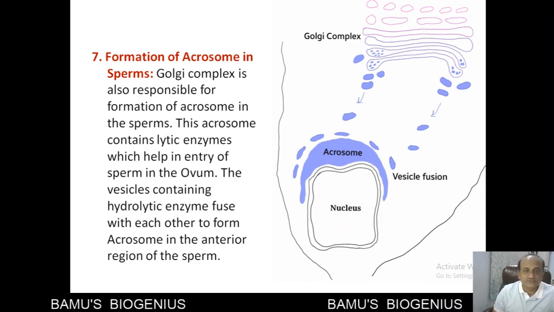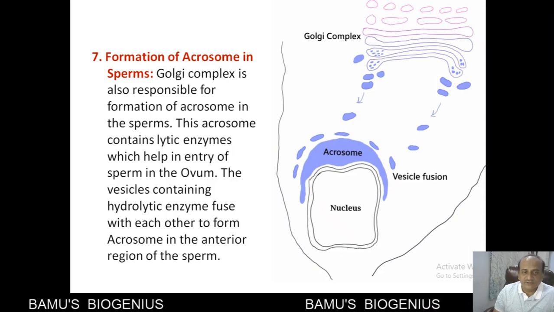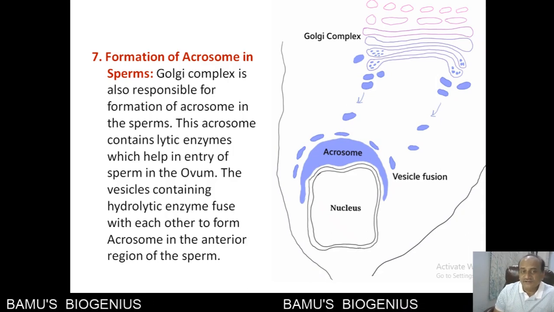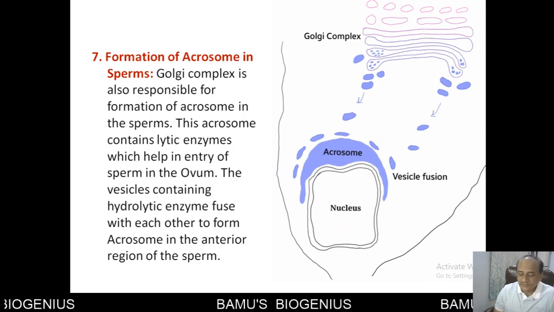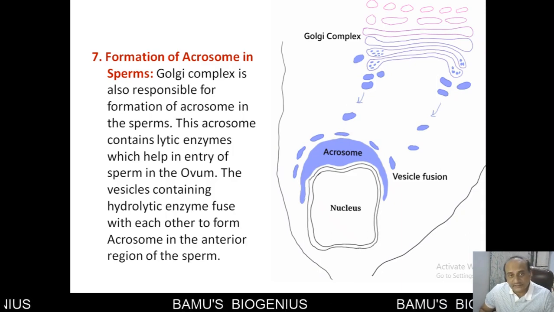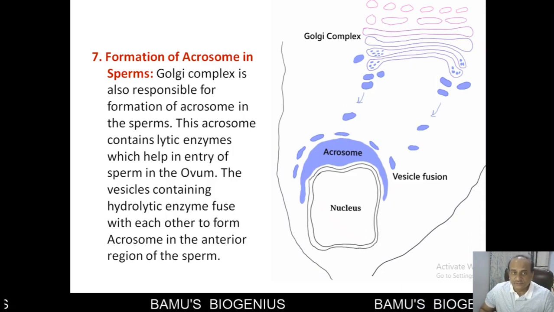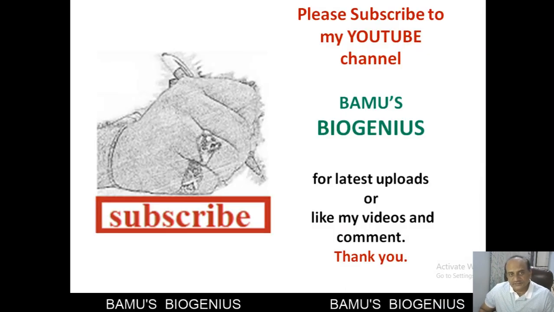This acrosome is responsible for accumulation of hydrolytic enzymes, and these hydrolytic enzymes are used by the sperm for fusion with the female gamete. So like that, the formation of acrosome is done with the help of the Golgi complex.